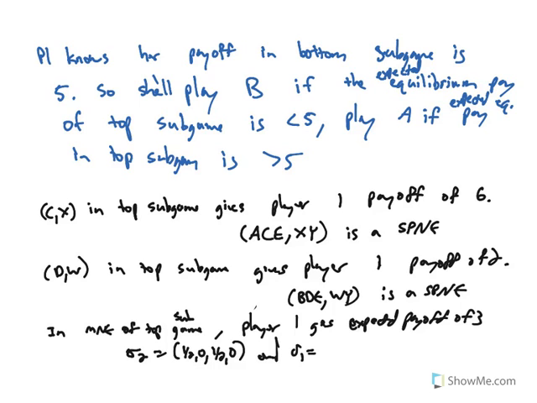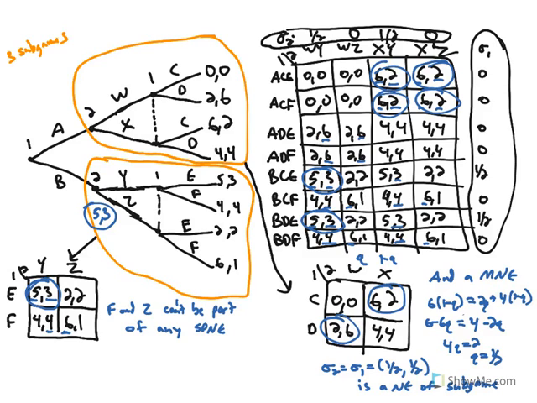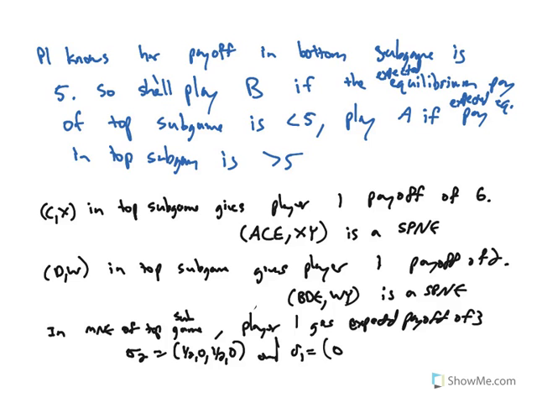And sigma 1 equals, there's a whole bunch of zeros: 4 zeros, and then a half, 4 zeros, and a half, 0, half, 0. This profile, sigma 1, sigma 2, is also a Nash equilibrium. And that's all of them.